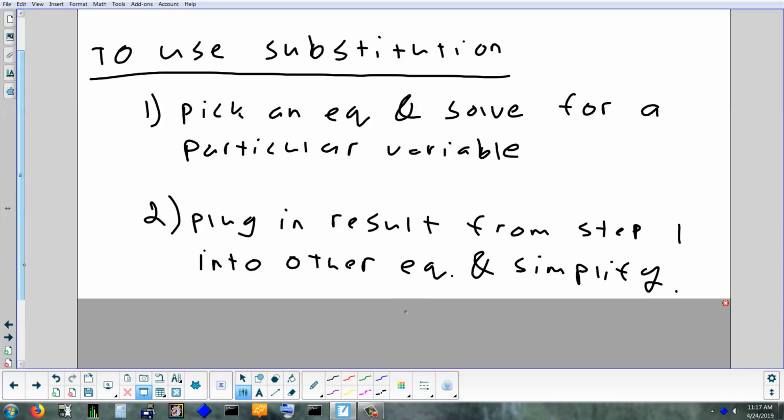Okay. Once you get that variable by itself, plug it into the other equation. Once you do that and you simplify, at this step, step 2, you should now know one of your answers. Whichever one, it depends. Like if we do the length and the width, we might get the length first, we might get the width first. Do it either way.